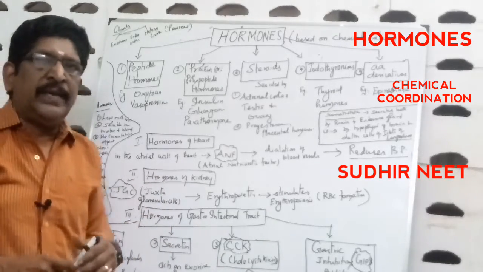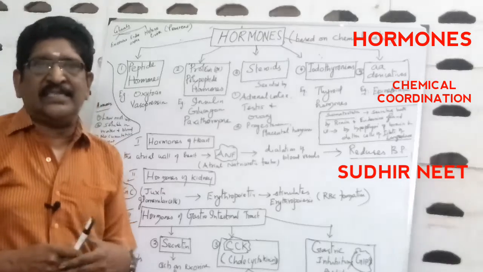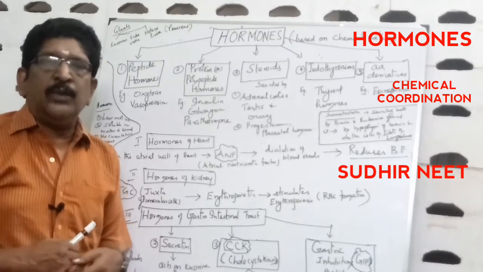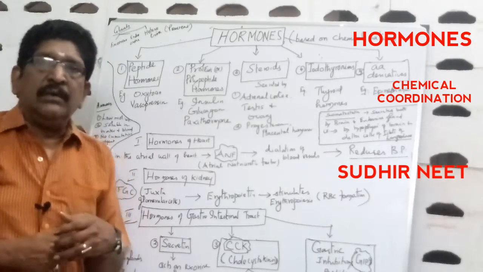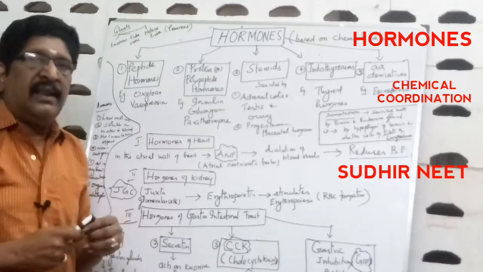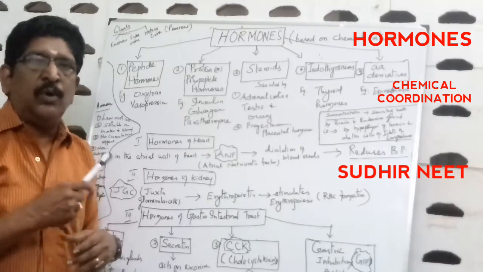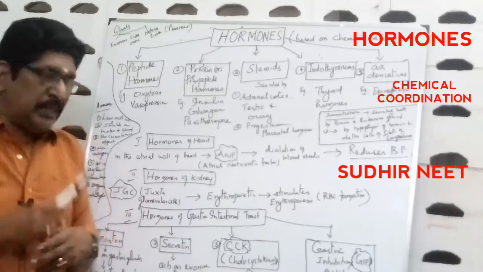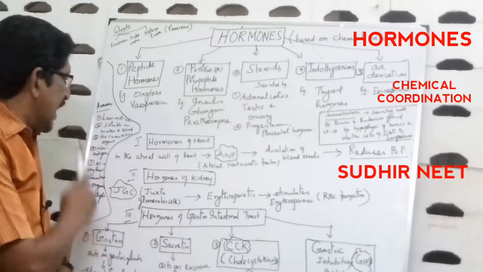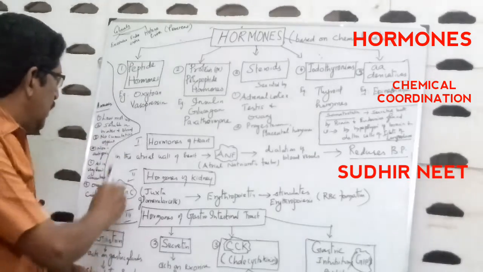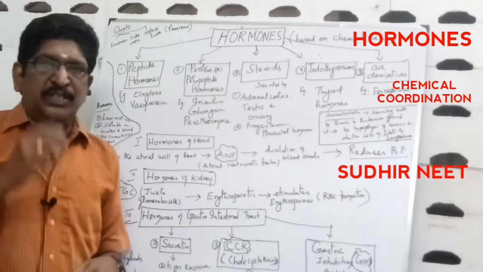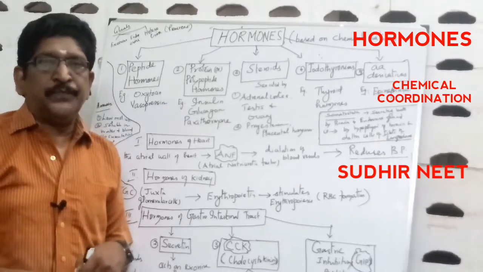And then they are actually organic catalysts. You know what a catalyst is. They increase the speed of the reaction. Likewise, the hormones also do the function there. So they are called the organic catalysts. So these are all the characteristic features of the hormones.